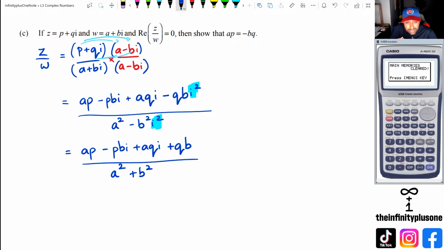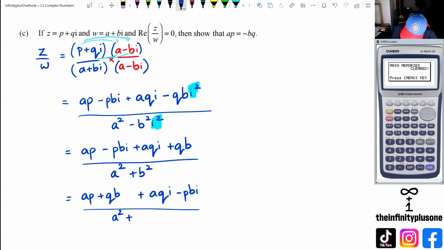Now once I get to this part here, what I want to do is bring all the real parts together and the imaginary parts together. So I'm going to have ap plus qb plus aqi minus pbi, and I'm going to put that all over a squared plus b squared.